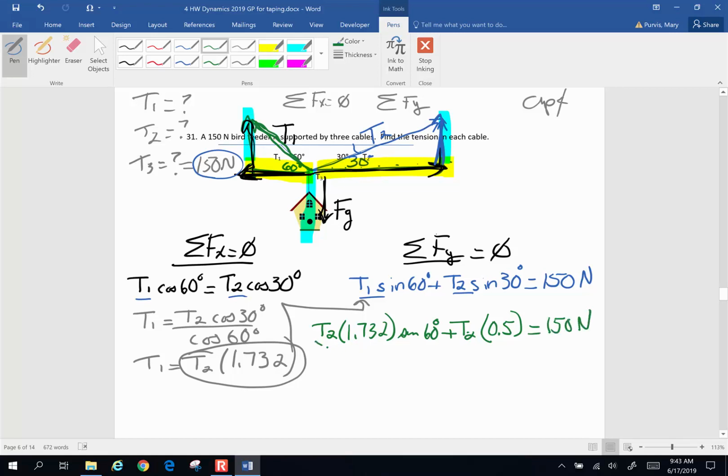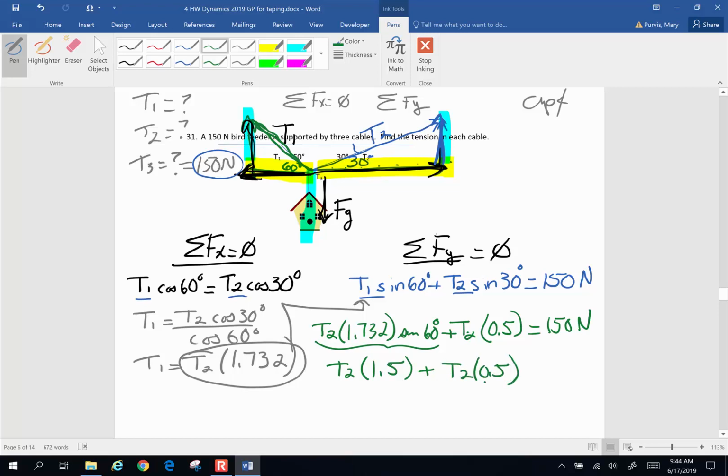Let's simplify all of this. So the sine of 60 times 1.732, this is going to be T2 times 1.5 plus T2 times 0.5.